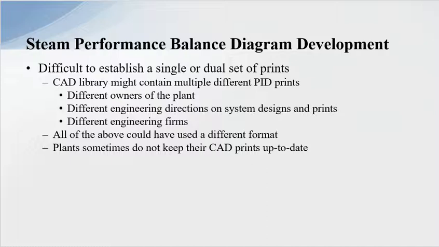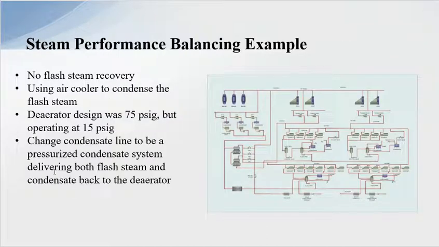So, the steam performance balancing example, no flash recovery. This is one example of what a balance diagram was. There was no flash steam recovery, and they were using air-cooled coolers to cool down the flash steam down here in the system. The deaerator was designed for 75 psi, but it was operating at 15 psi.